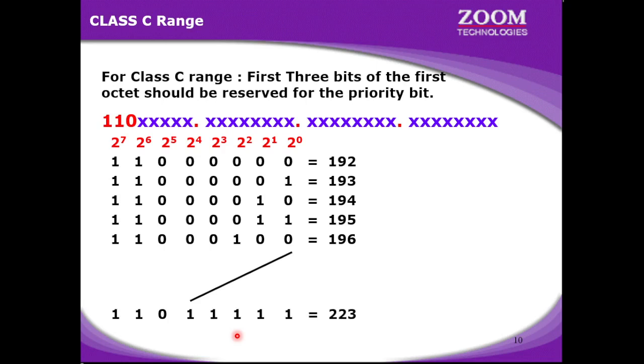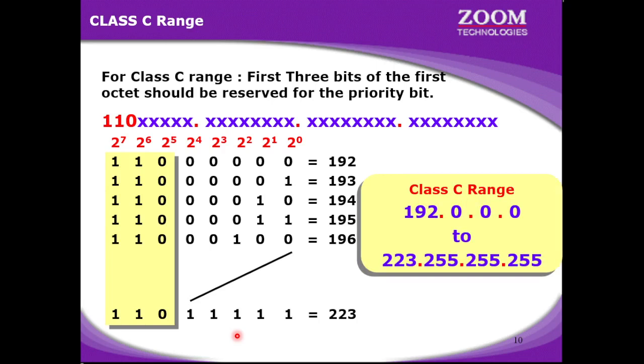Equivalent to 223. So lahat ng IP address na nag-start sa 192.0.0.0 hanggang 223.255.255.255 is considered as Class C. Yung mga home router po natin, yung mga binili po natin na aftermarket router natin, yung mga Tenda, TP-Link, D-Link na mga routers, by default, ang IP address po niya is nagsa-start sa 192.168.